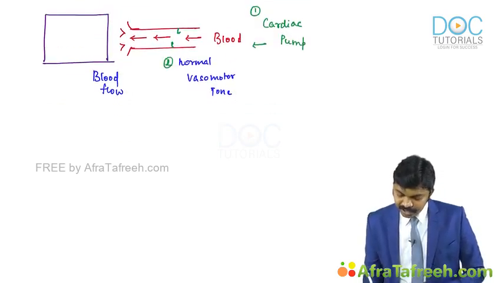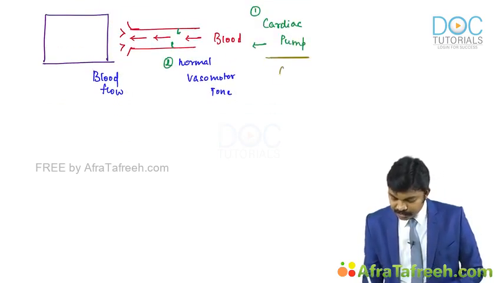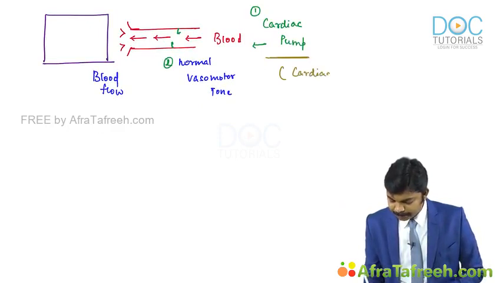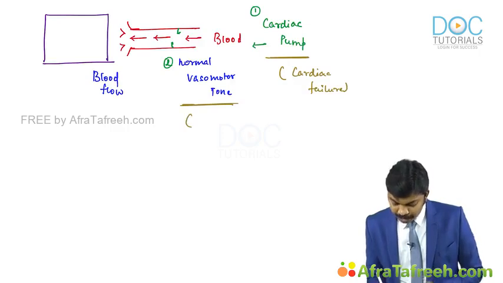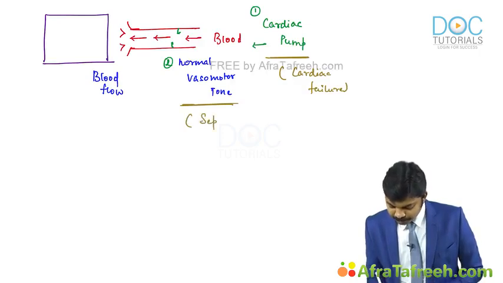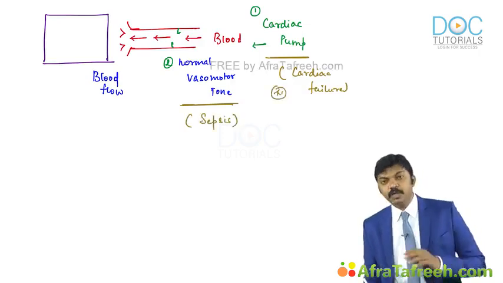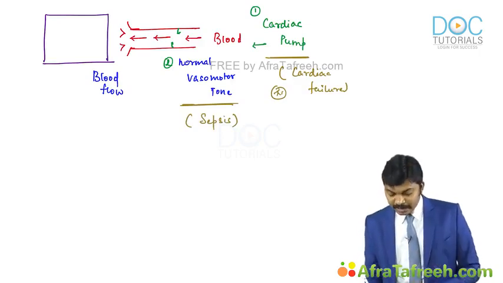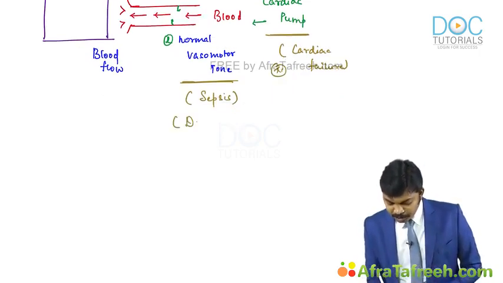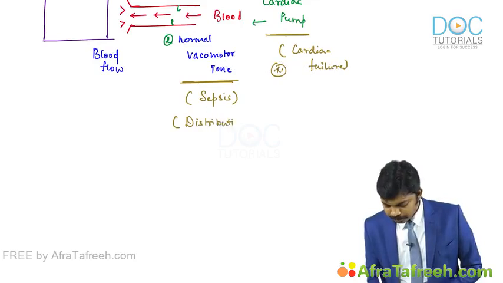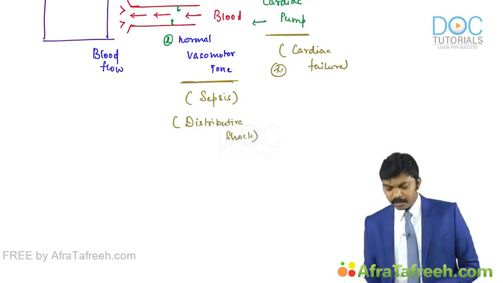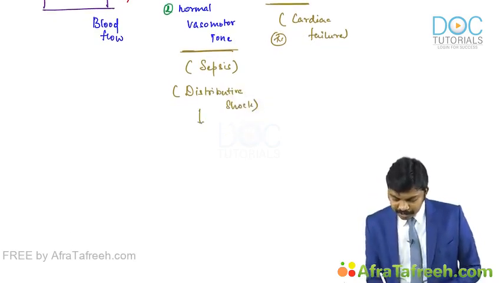So we have failure in cardiac contraction, this is cardiac failure, and reduction in vasomotor tone happens during sepsis. In cardiac failure, there is going to be poor cardiac output. In sepsis, there is going to be distributive shock. Right, doctors, there is going to be a profound vasodilatation.